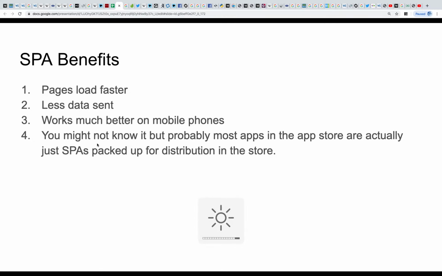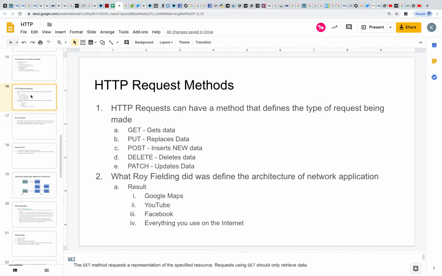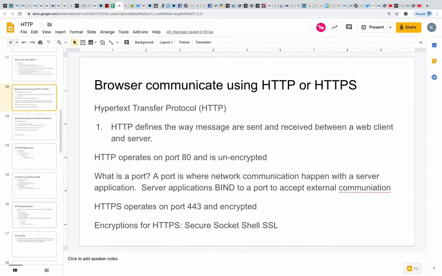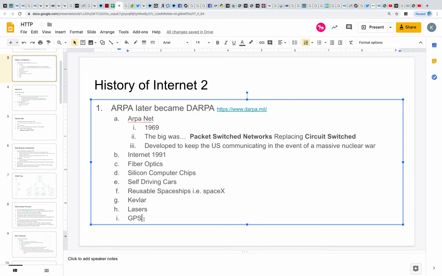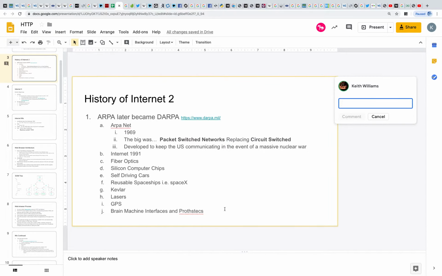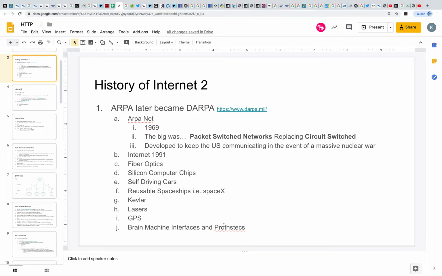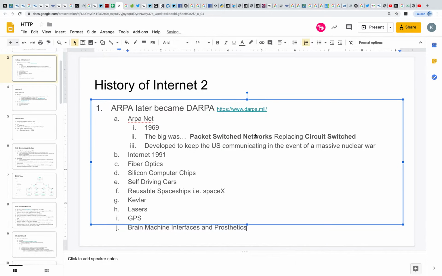Our new thing with DARPA, which they have other things, but this is the new big one, is brain-machine interfaces and prosthetics and exoskeletons.